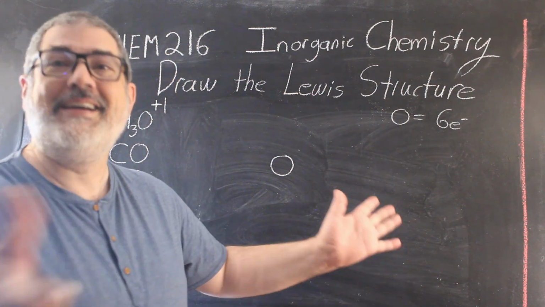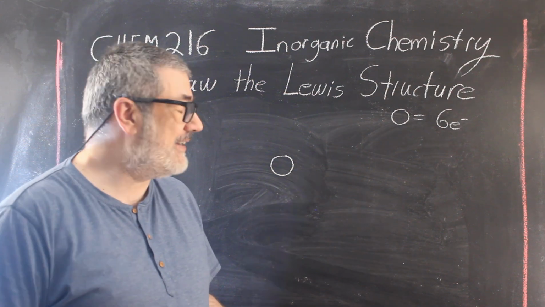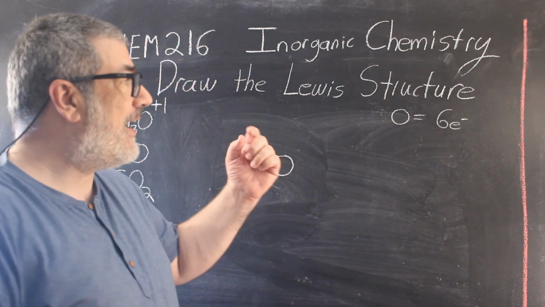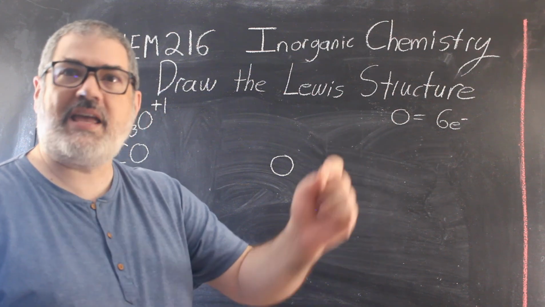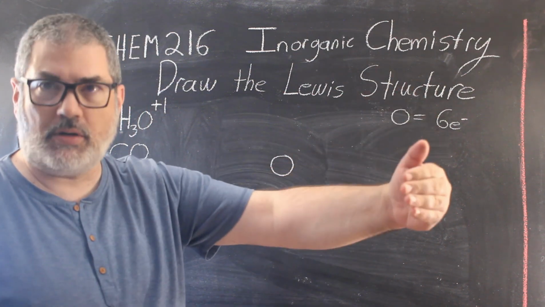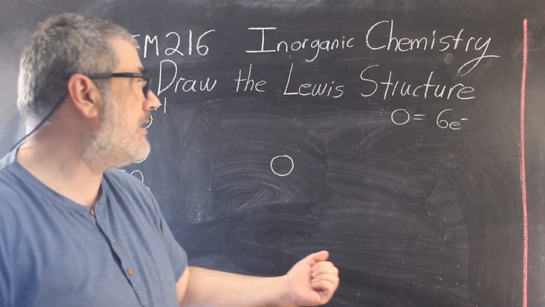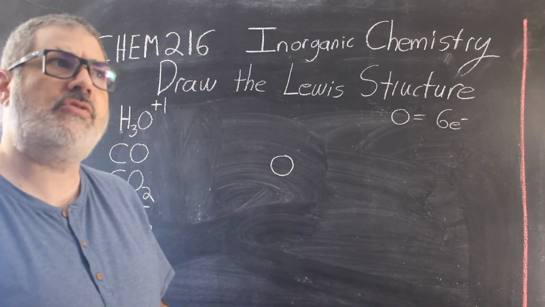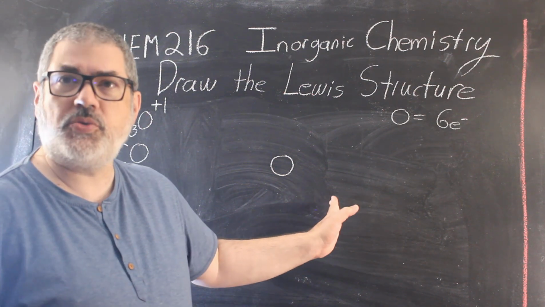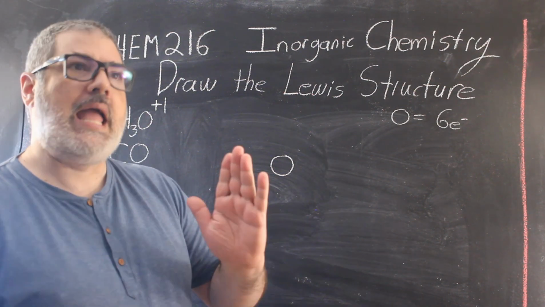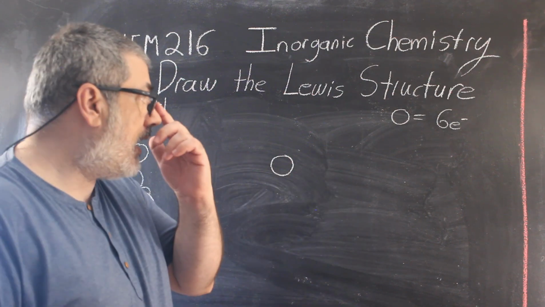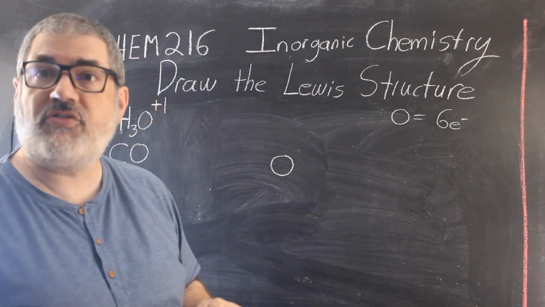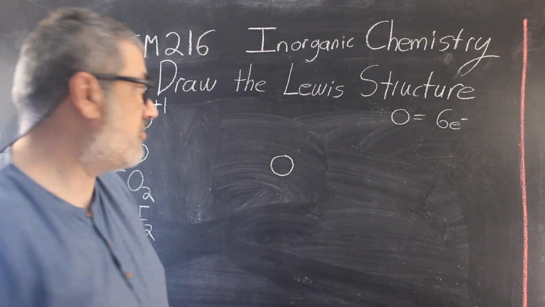But fortunately, class has not started, so I can't legitimately yell at you. However, valence electrons are the S and P electrons, the outer electrons for a given element. And when we talk valence electrons, we're talking about groups 1 and 2, the S block, and 13 through 18, the P block. So oxygen is going to have 6 valence electrons.